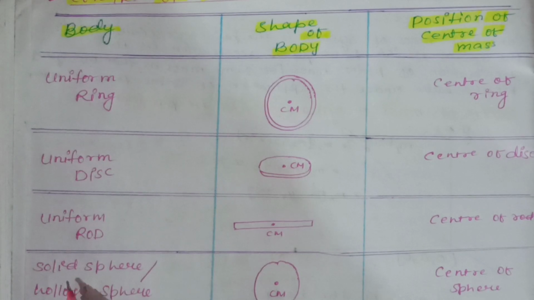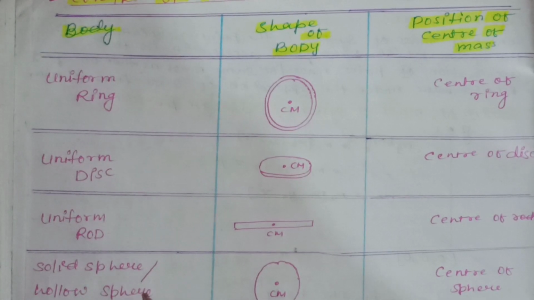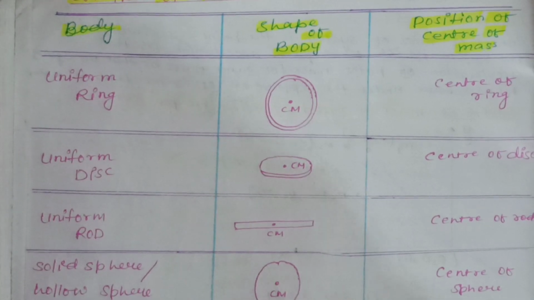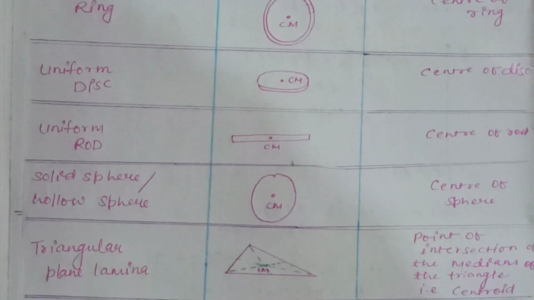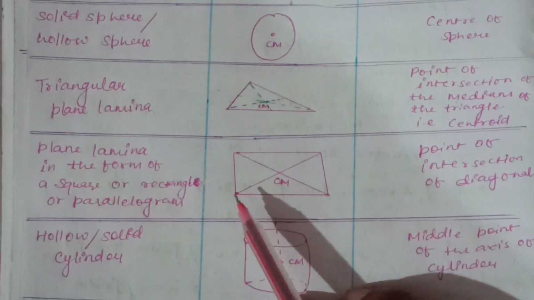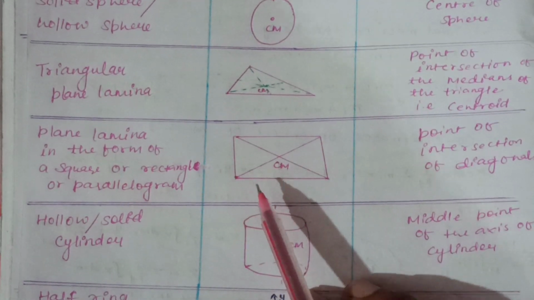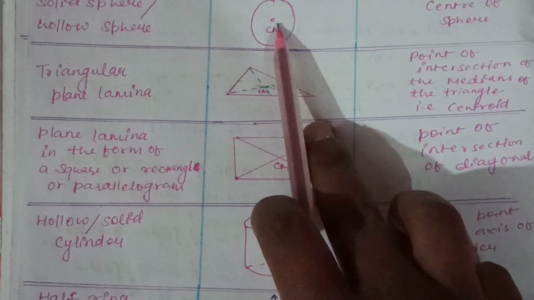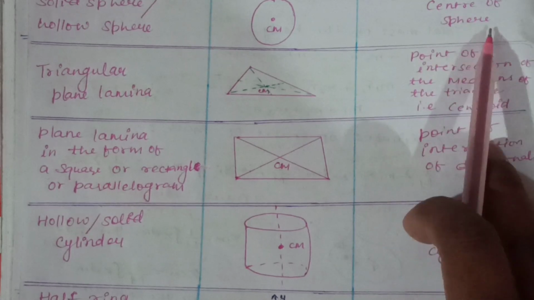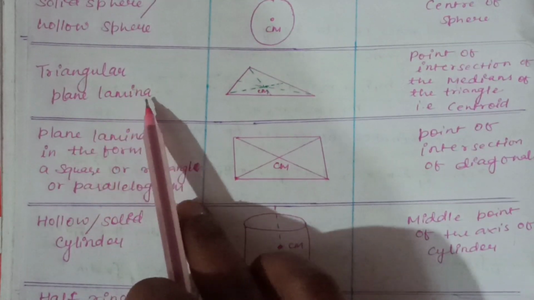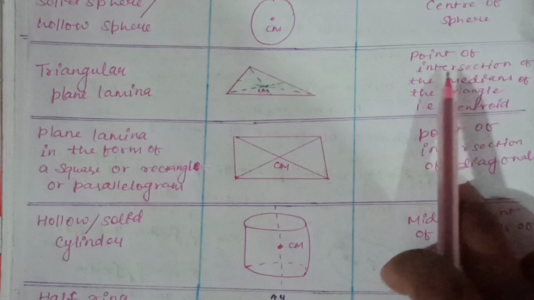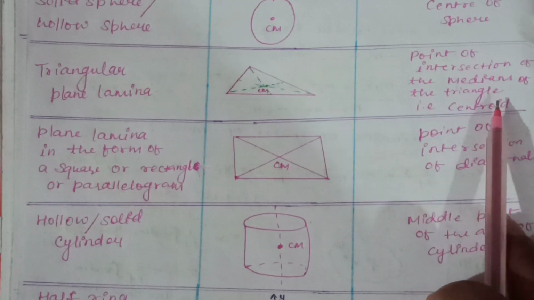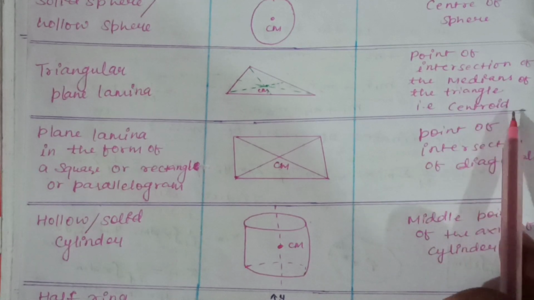Solid sphere, hollow sphere: center of mass at the center of the sphere. Triangular plane lamina: the point of intersection of the medians of the triangle, that is the centroid.